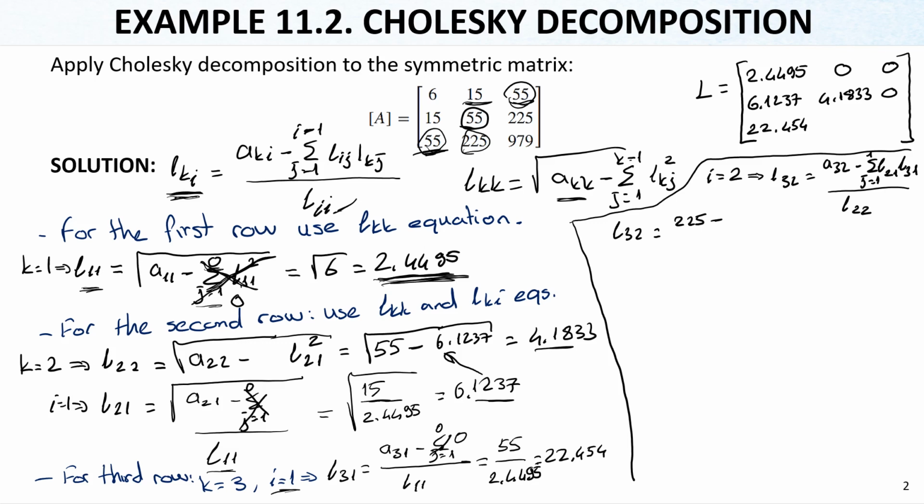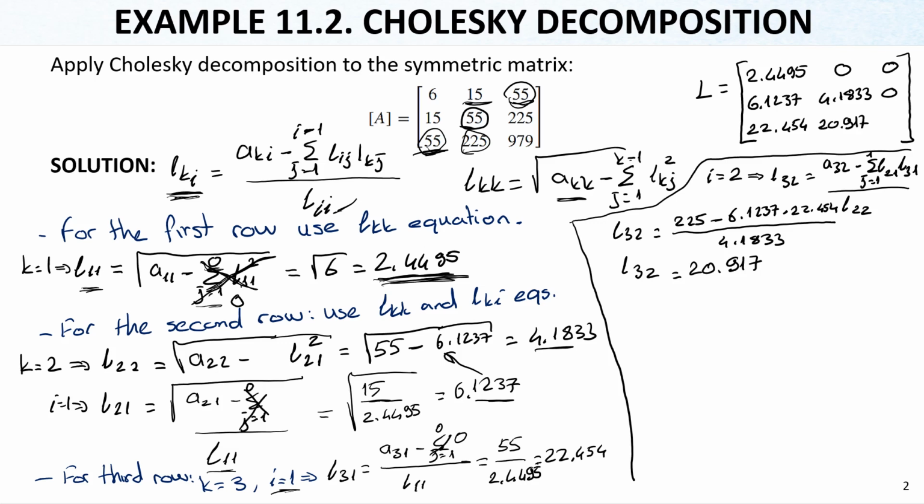L21 is 6.1237 times L31 is 22.454 divided by L22 is 4.1833. So you can get these L values from here, basically. Then L32 is equivalent to 20.917. We can write it here. L32 means here 20.917.